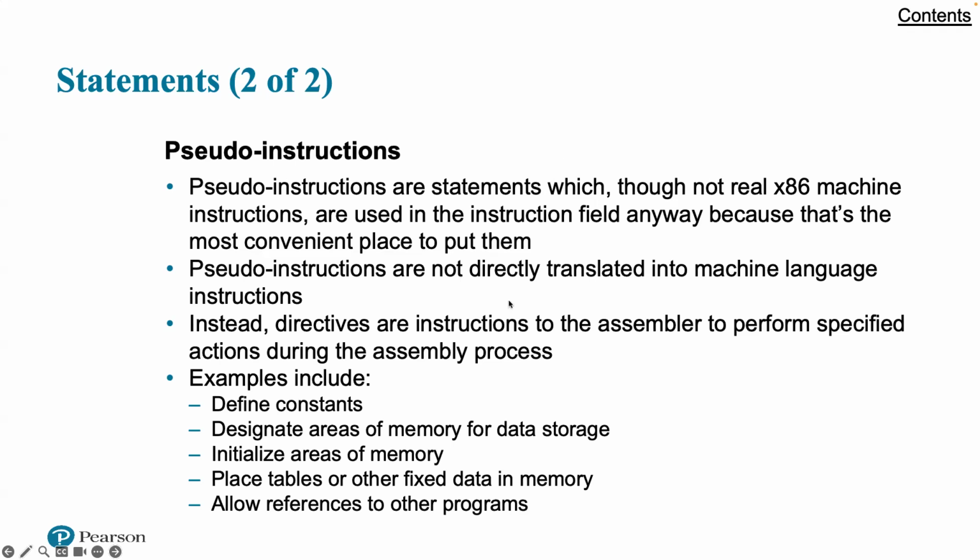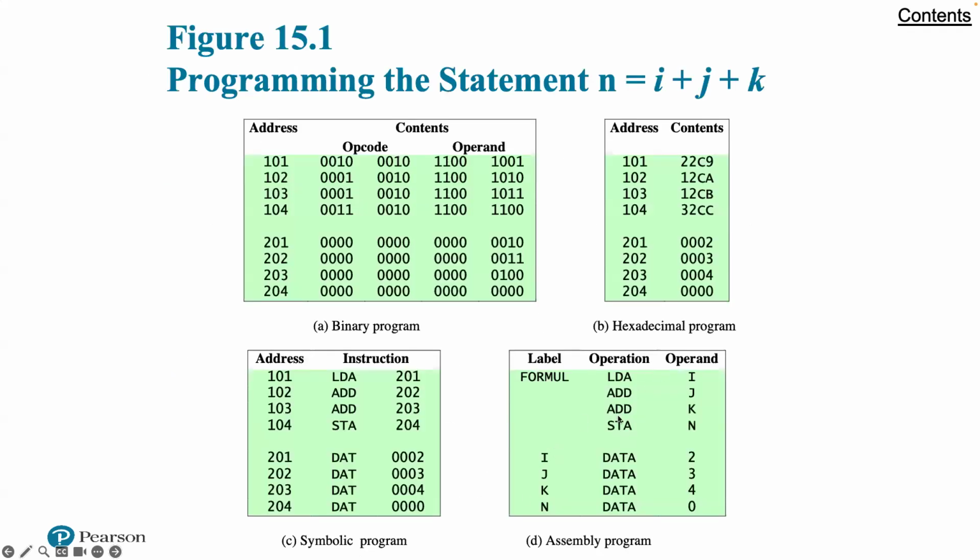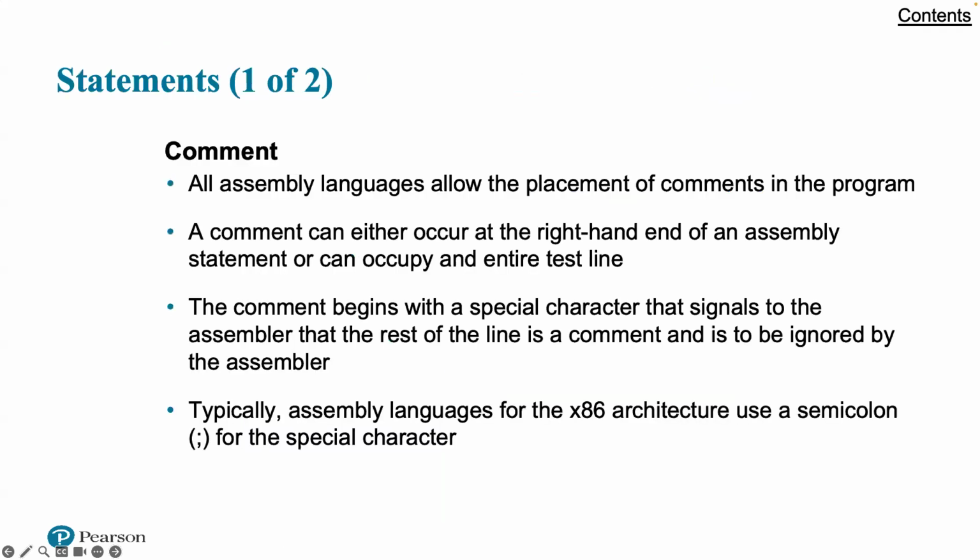There are also pseudo instructions that tell you things that need to be done before you finally convert it into just ones and zeros. You have to be loading libraries. There are other kinds of things that have to take place. So you start here and you eventually get over there. So that's something that comes up that needs to be considered.